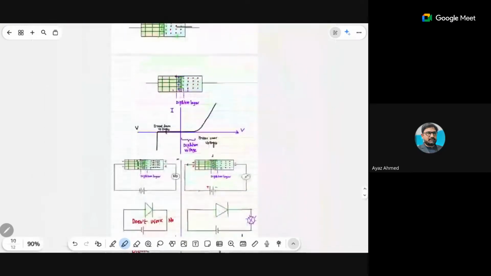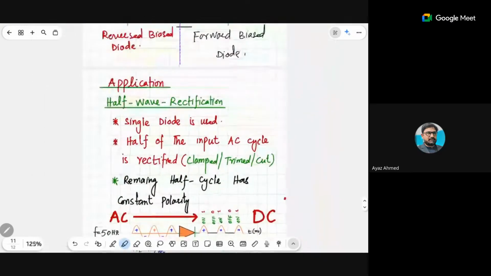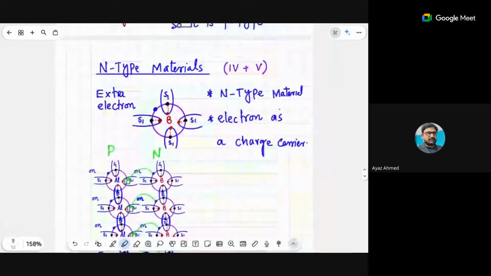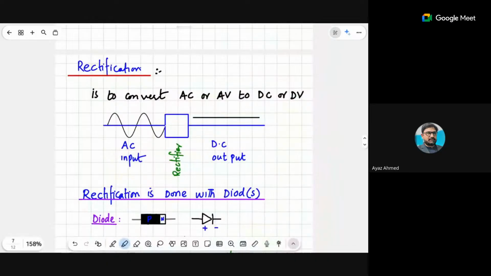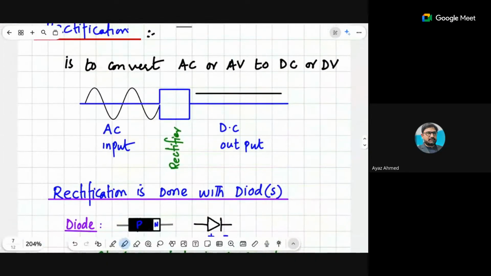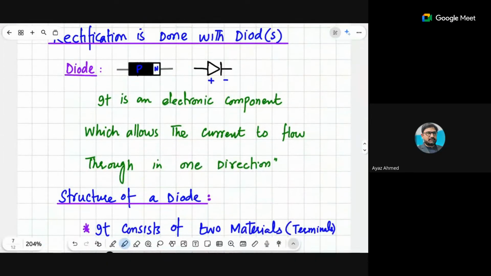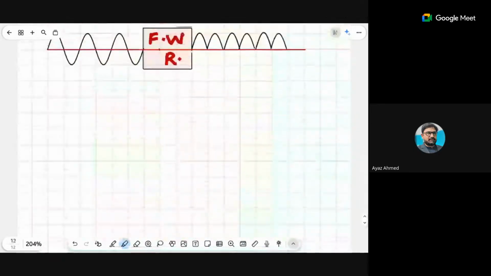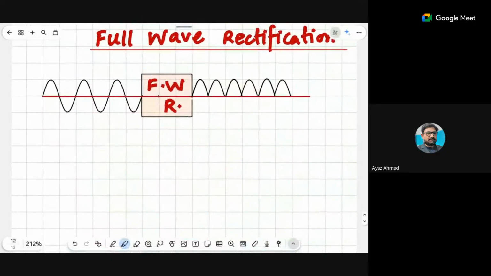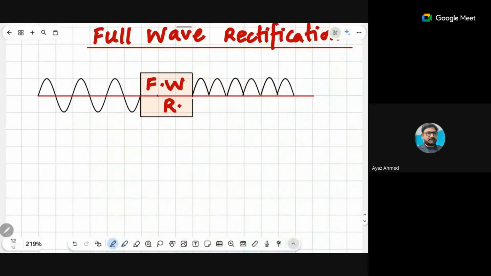I think we have not discussed the full wave rectifier in detail, although I was talking about what rectification is. So this was basically rectification, converting AC into DC. Then I used this diode structure, and then I told you about half wave rectification. Now I will discuss the details of this full wave rectification.